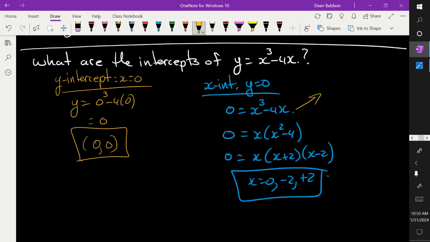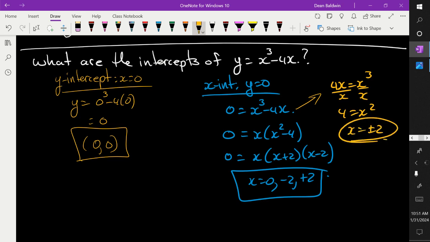Don't do this. At this point, people will move the 4x over, and then divide off the x. You get 4 is equal to x squared, and then they square root both sides and get plus or minus 2. It's not wrong.